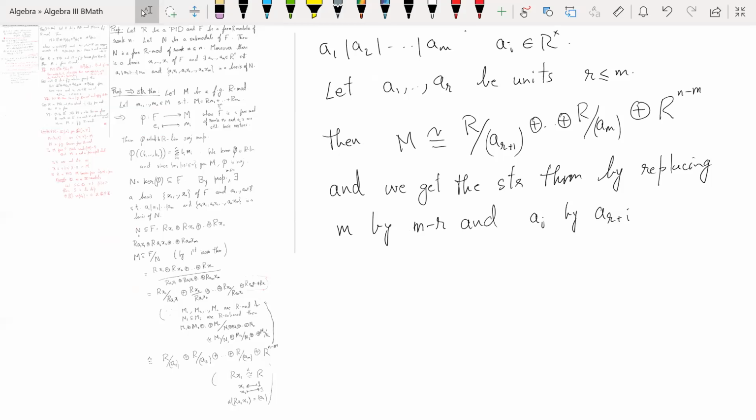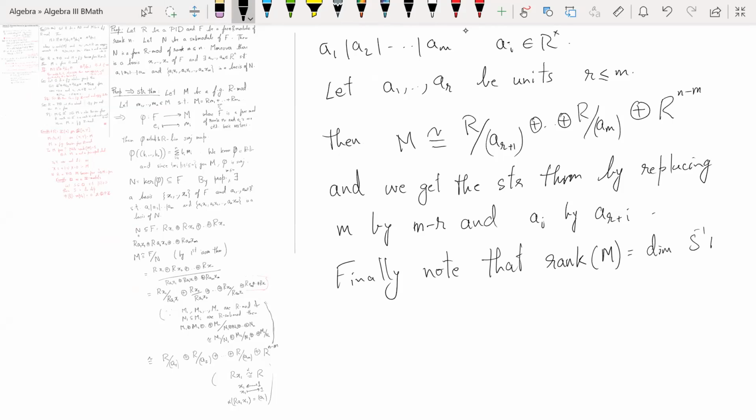Once we have this, finally note that the rank of M is the dimension of S inverse M over S inverse R, where S is R minus 0.